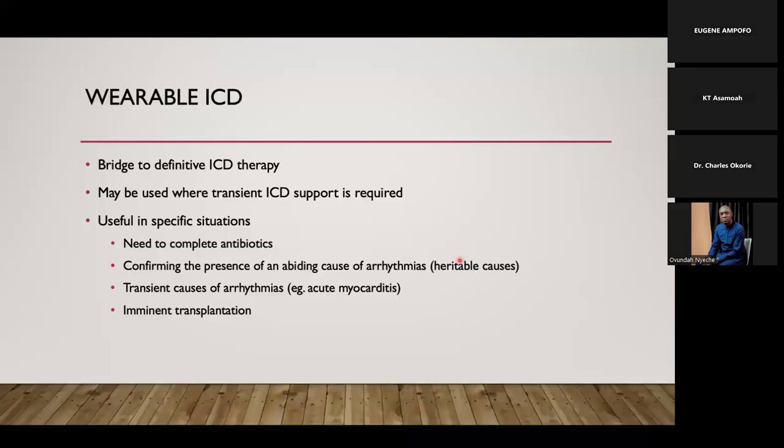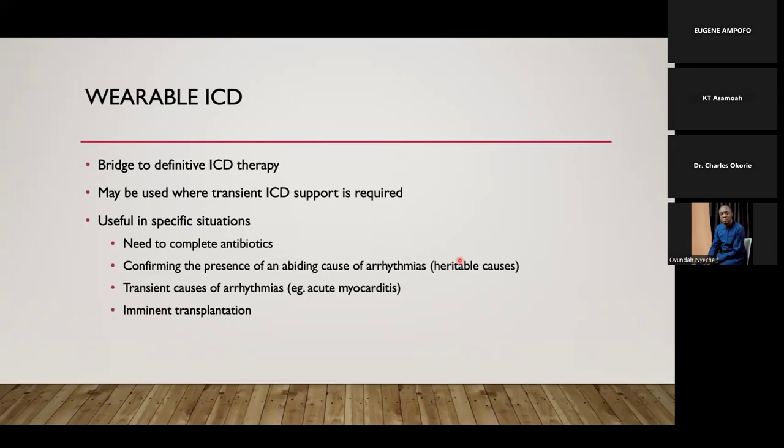And we know that in a post-acute myocardial infarction, you need to wait at least 40 days before you will consider putting in an ICD if the person is still having incessant arrhythmias. So over this period, you can use a wearable ICD so that it gives support while you wait for the acute issue to resolve before taking a definitive decision.